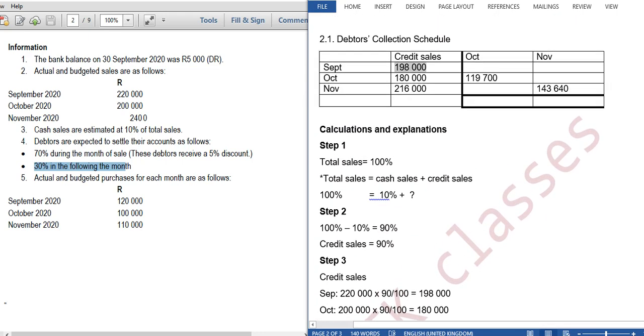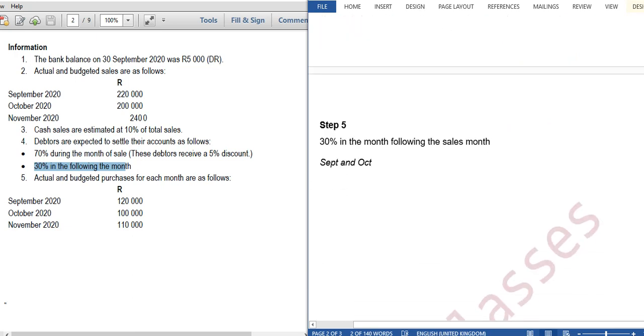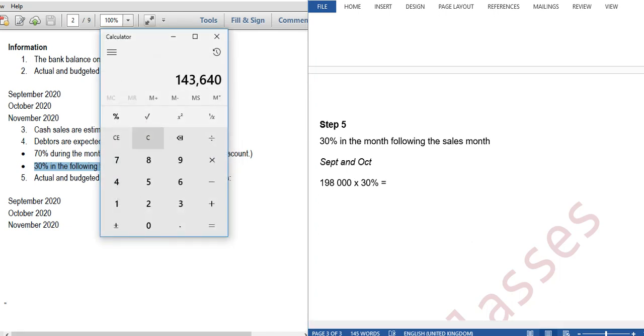These were our credit sales, right? 198,000 multiplied by 30%. What do we get? Multiplied by 30 over 100. 59,400.